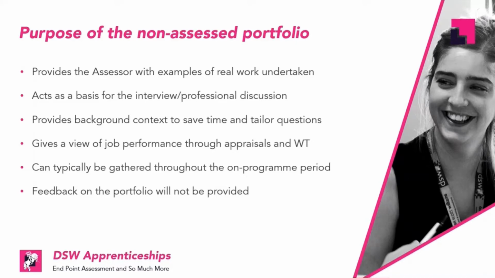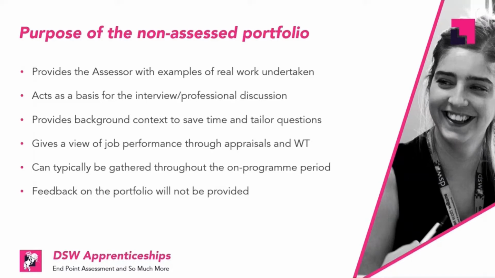But if there are also things in there like witness testimonies, one-to-ones and appraisal forms, it allows the assessor to see how that apprentice is viewed by others within their workplace, and in particular their line manager. And while that doesn't necessarily directly affect the assessor's judgment because they are independent, it does help them to almost triangulate that evidence, see it from a different angle and form an opinion that's based on all of the evidence that's available.